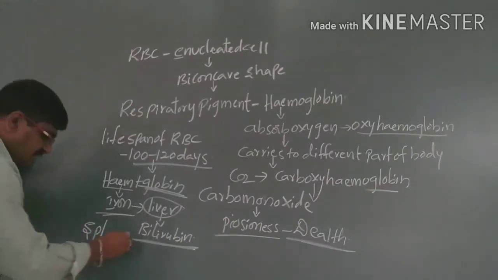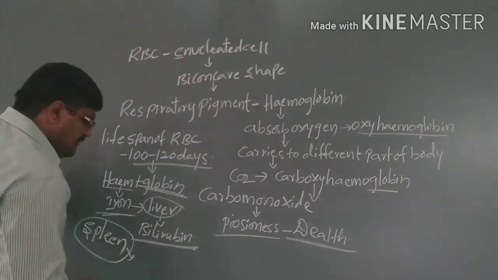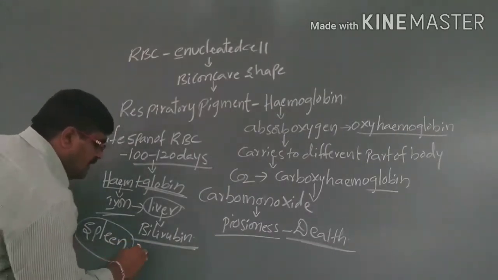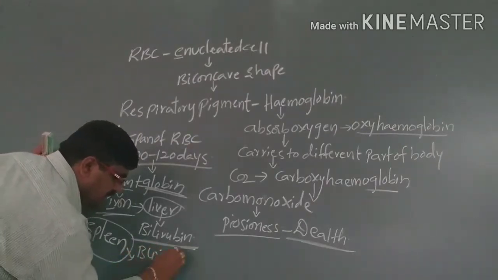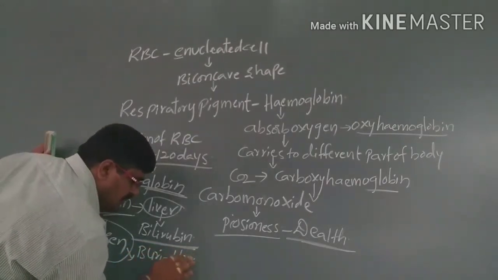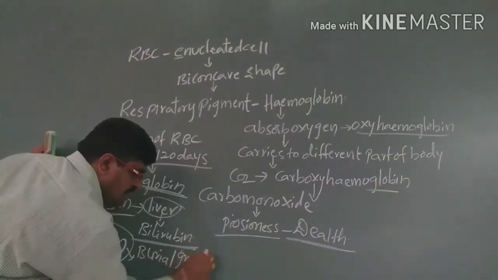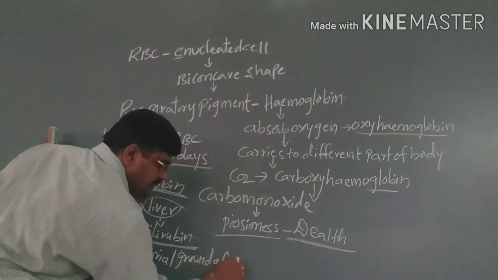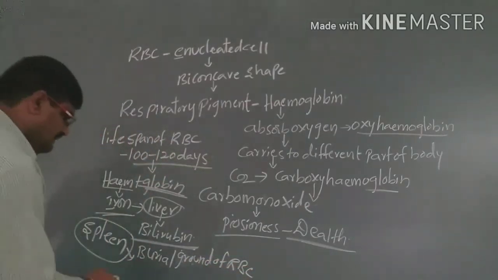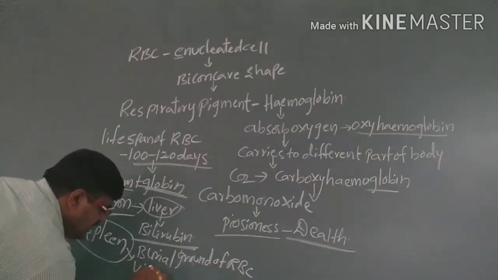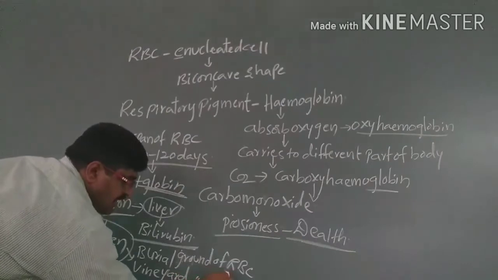So we can call the spleen the burial ground of the RBC, or otherwise a vineyard of the RBC.